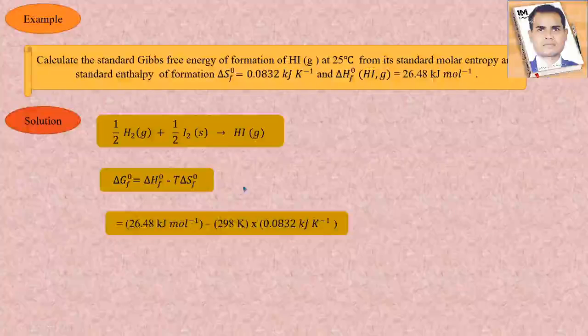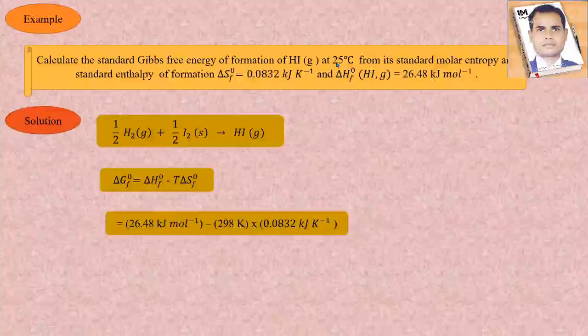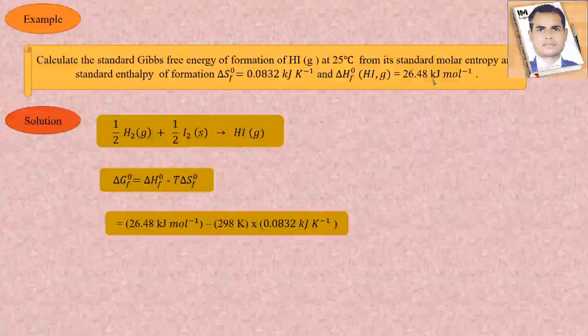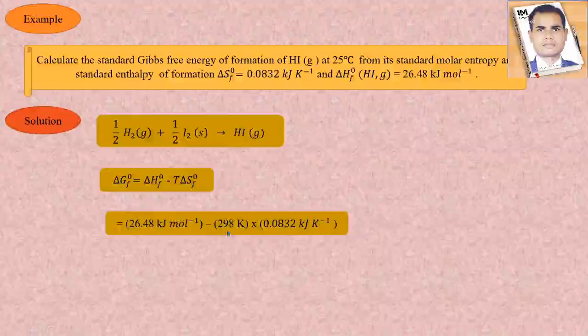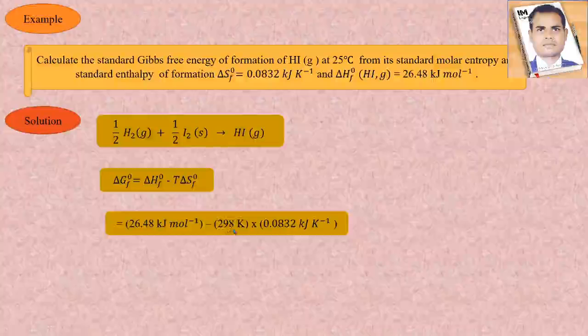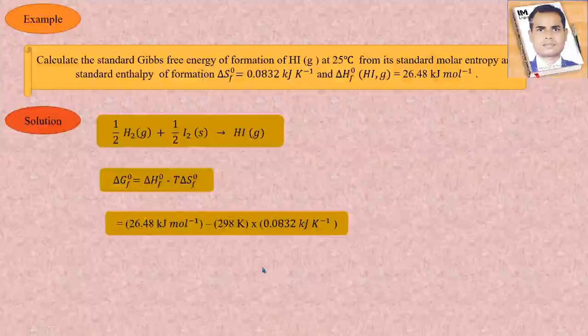The temperature is given in Celsius, but we want it in Kelvin: 273 plus 25 gives 298 Kelvin. So take the value 26.48 kilojoule per mole minus T in Kelvin, 298, into the delta S0F value, 0.0832 kilojoule per Kelvin.